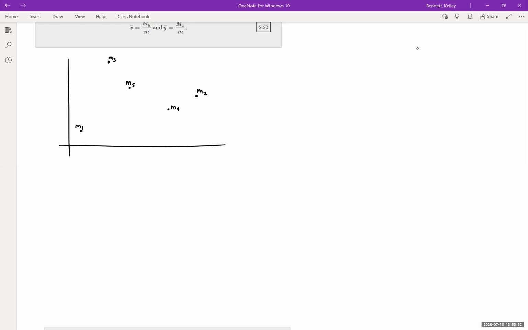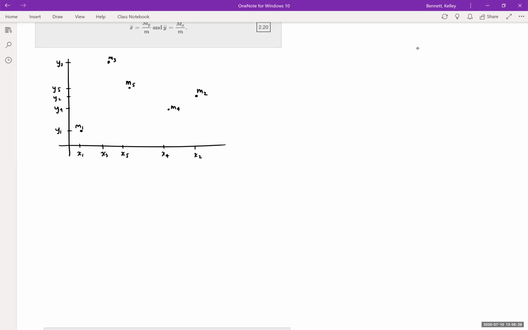Each of these points, like M1, will be at x1 comma y1, and the mass of that point is given by M1. And then M3 has position x3, y3, and its mass is given by the value of M3. And so x5, x4, x2, y5, y2, y4. So they're just scattered in space.